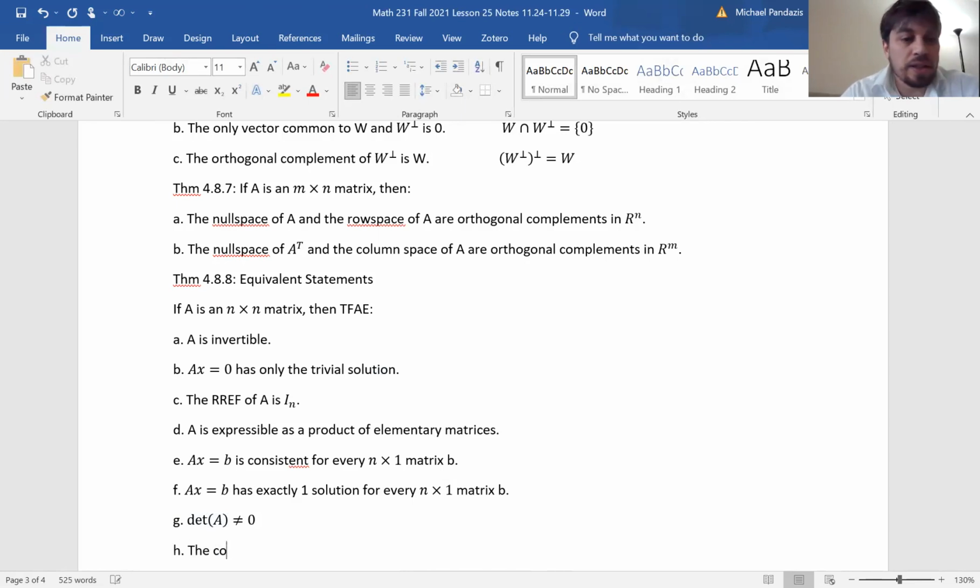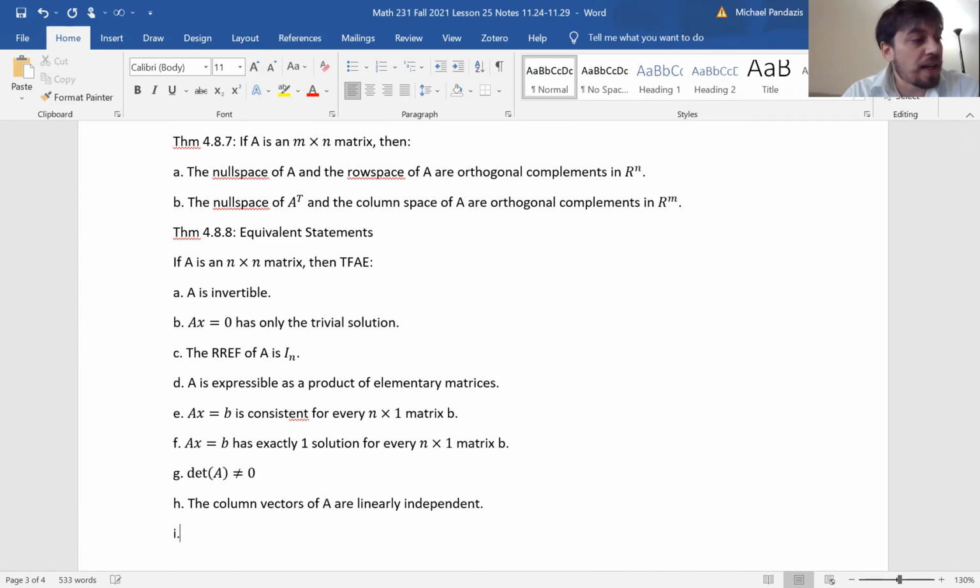H, the column vectors of A are linearly independent. I, the row vectors of A are linearly independent.